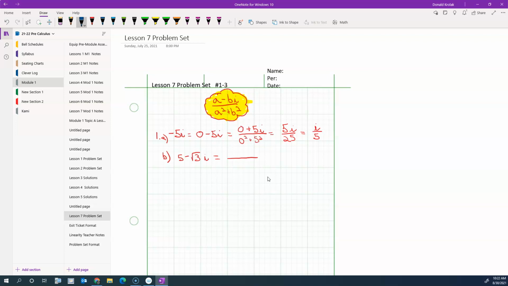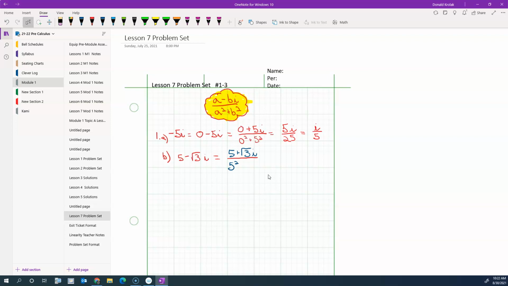Numerator. Go ahead. 5 plus square root 3i. Okay, denominator. 3 plus 25.